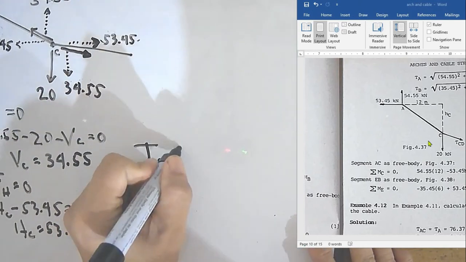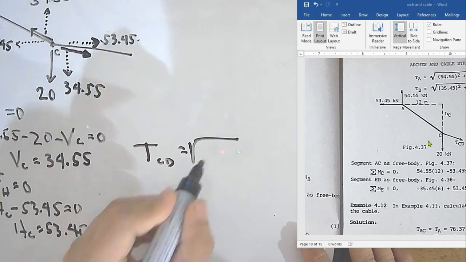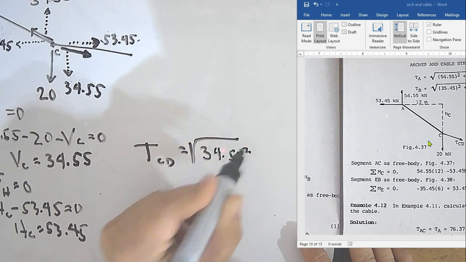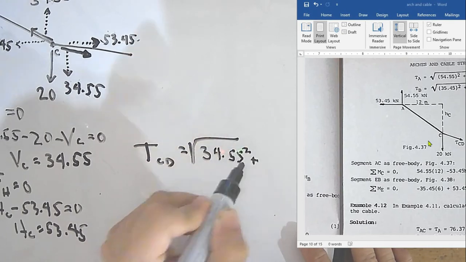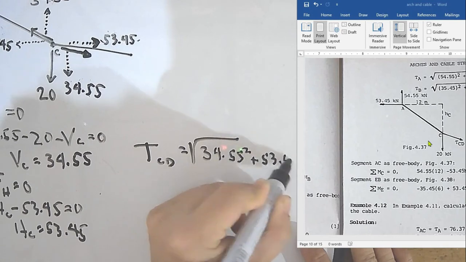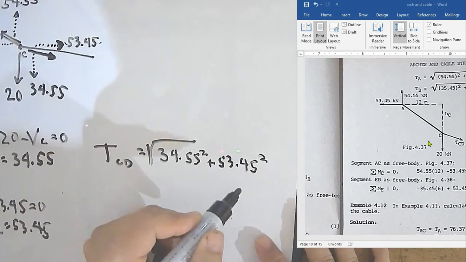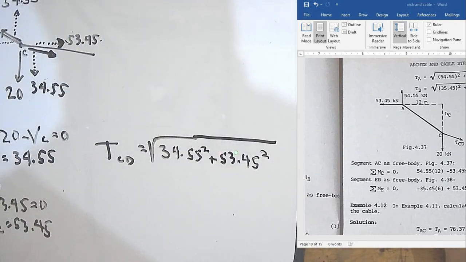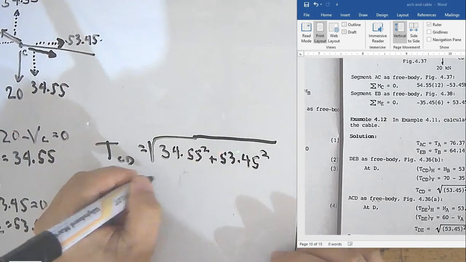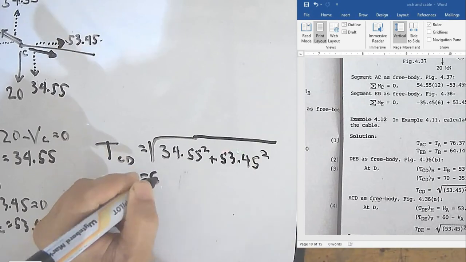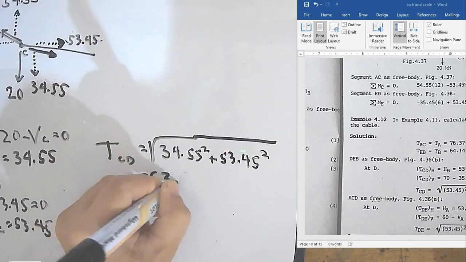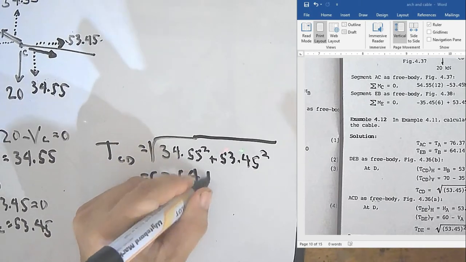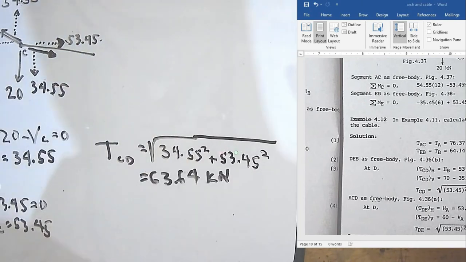So that is simply equal to the square root of 34.55 squared plus 53.45 squared. Okay? Is equal to 63.64 newtons or kilonewtons. Okay?